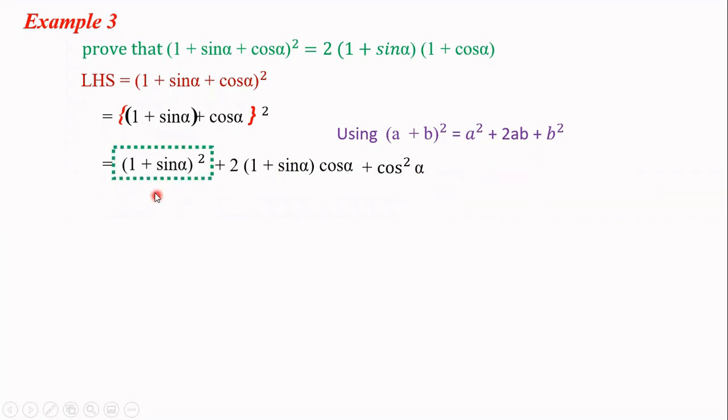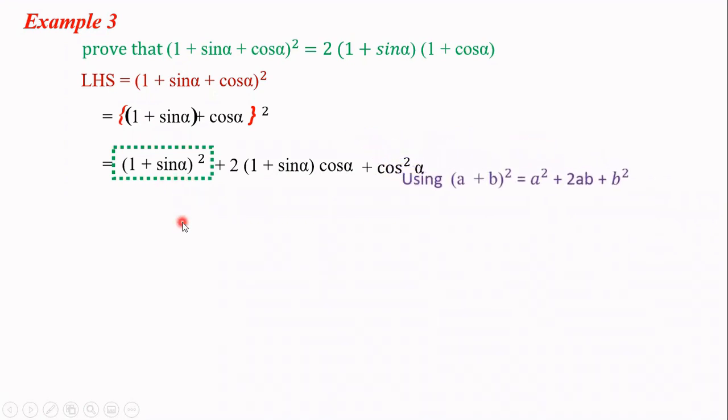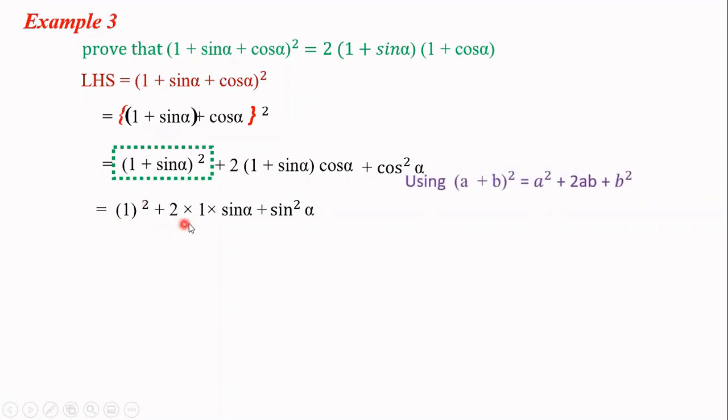Now, once again, we are going to use a plus b whole square for this (1 plus sine alpha) whole square. So, using it, we have a square plus 2ab plus b square, that is 1 square plus 2 into 1 into sine alpha plus sine square alpha.